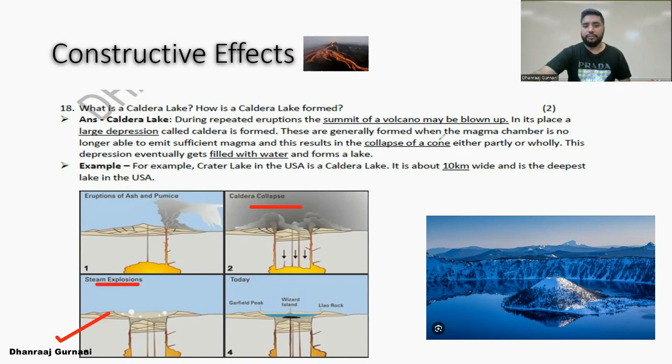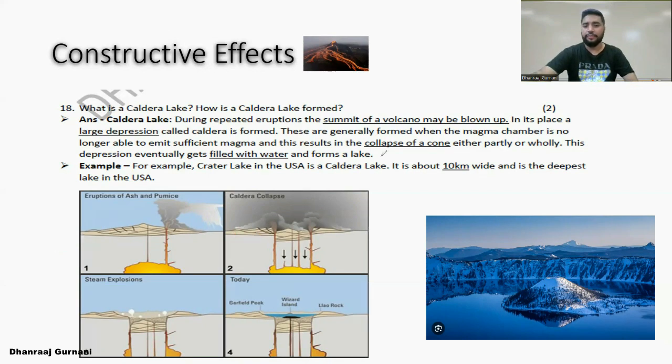These are generally formed when the magma chamber is no longer able to emit a significant amount of magma, and it results in the collapse of the cone either partially or wholly. Revising once again, during repeated eruptions, the summit of a volcano may be blown up. In its place, a large depression is formed called the caldera.